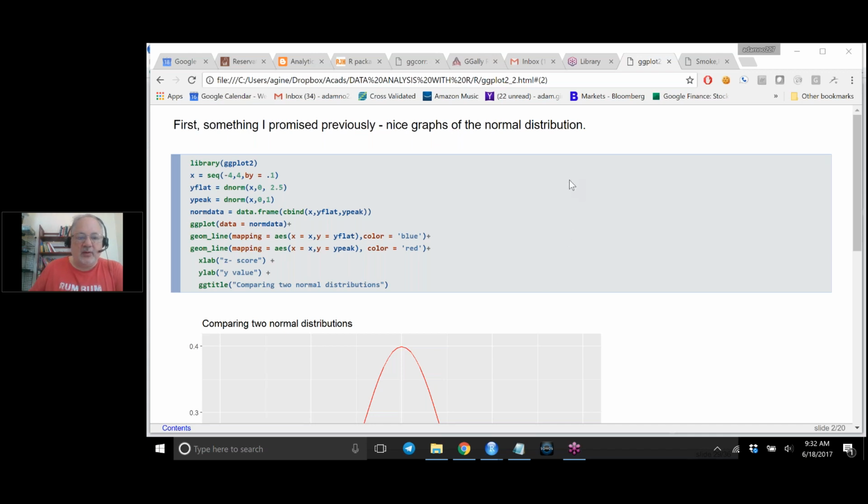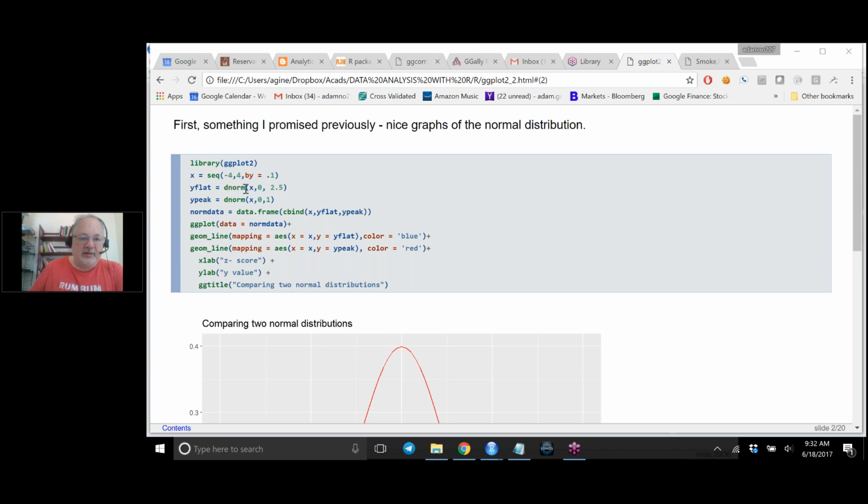So you may recall that I gave you a rather crappy plot of a normal distribution, and I want to show you how to do a nice one. I'm going to use Ggplot rather than ordinary plotting, and I'm going to create two normal distributions.